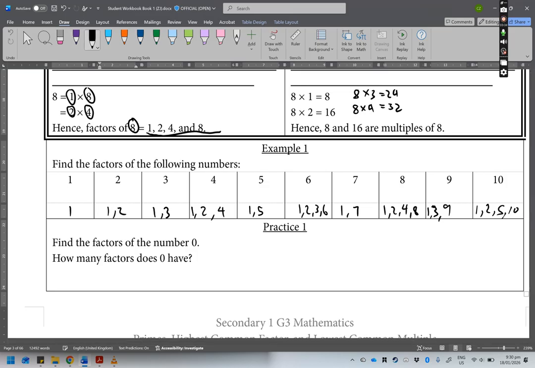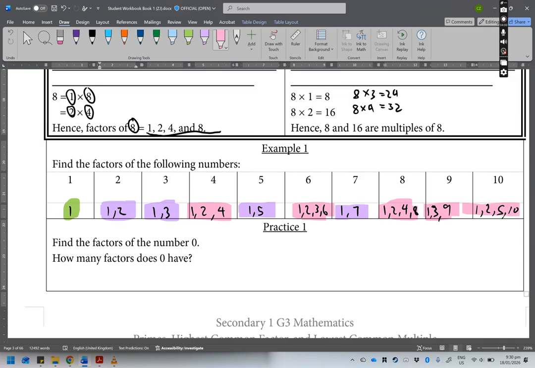Here we can categorize them into 3 different groups. We have the only one factor group, the 2 factors group, and finally the more than 2 factors group.